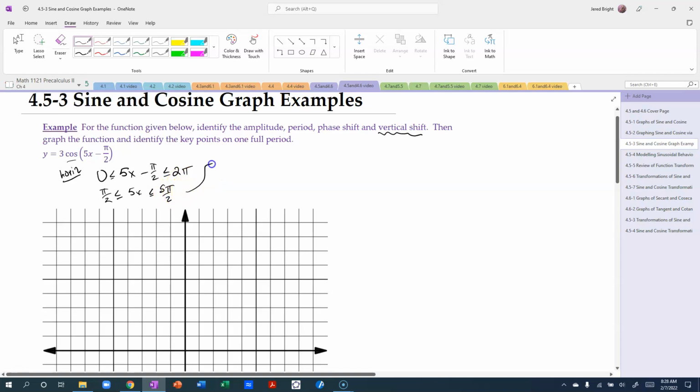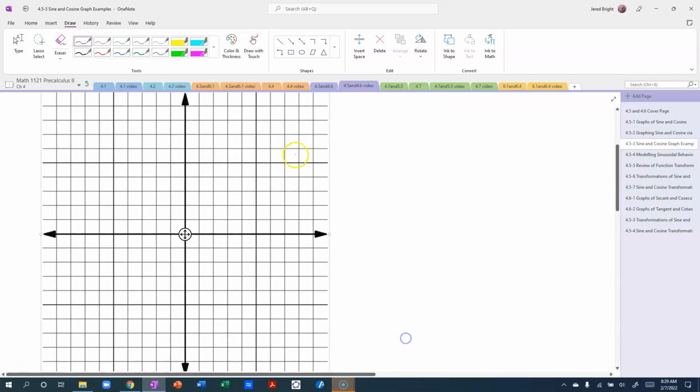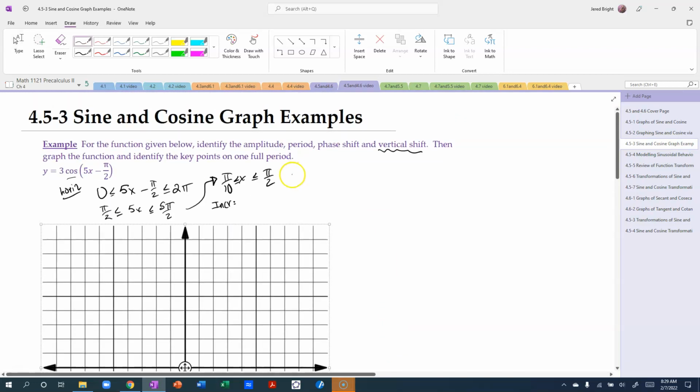So I get pi over 10 less than or equal to x less than or equal to pi over 2. And then with that, increments, so I need to find the interval width. So effectively find the period.